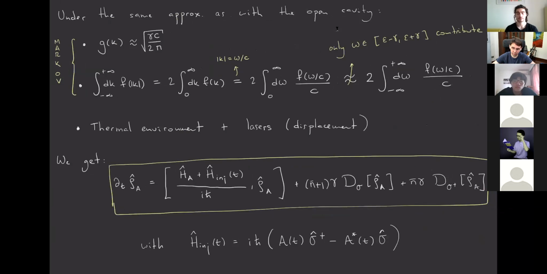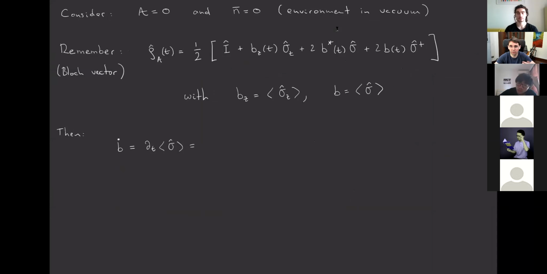This master equation is even more trivial because there is no injection and n is equal to 0. So there is only proper dissipation, only emission of photons from the atom, but not absorption. In this case, we have only one jump operator, which is the lowering operator, and you can see that the Heisenberg equation of motion is just this one here.